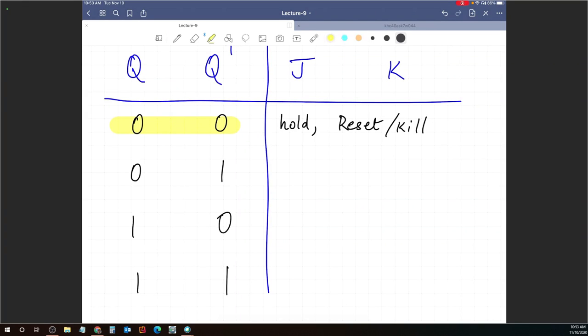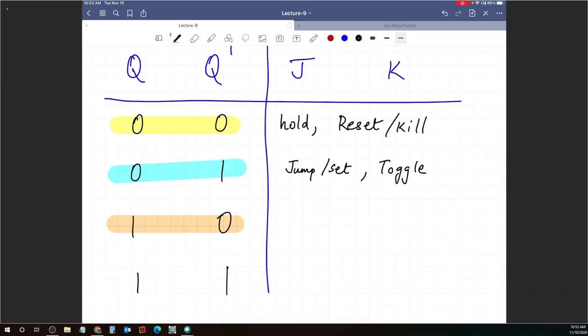What do I need to do here to get that transition? Jump is good. Jump or set. What else? Toggle. Beautiful. What about here? 1 to 0. Kill and toggle. Okay, perfect. Kill, reset, toggle. Good. Last one.